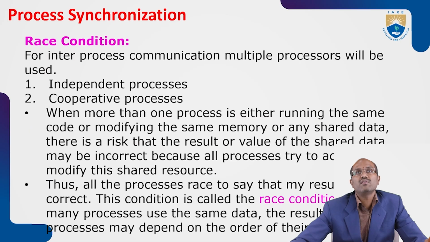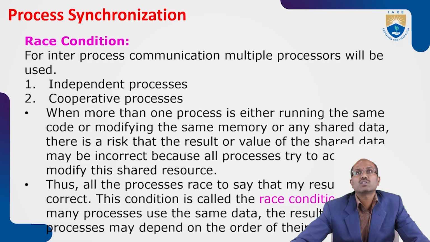So we can solve this synchronization problem using the critical section, and the critical section problem in turn relates to the race condition. A race condition can happen with independent processes and cooperative processes.